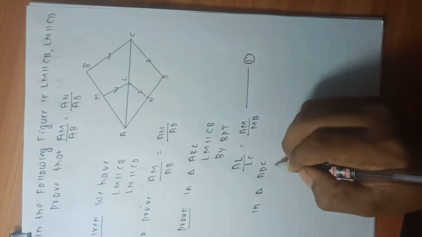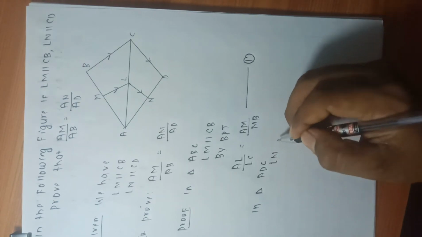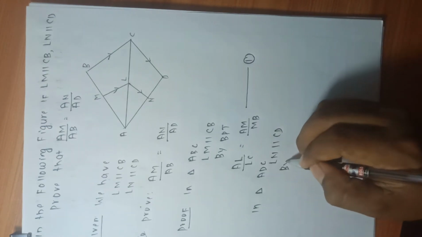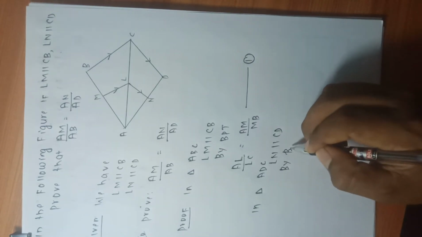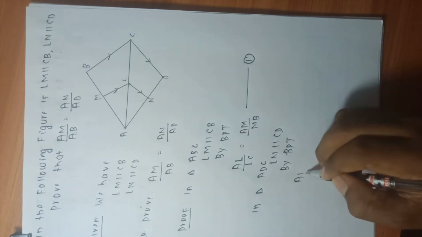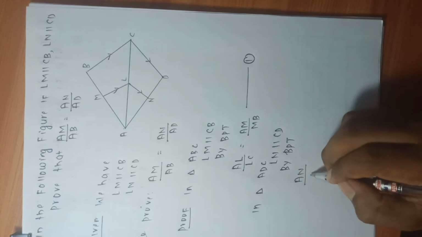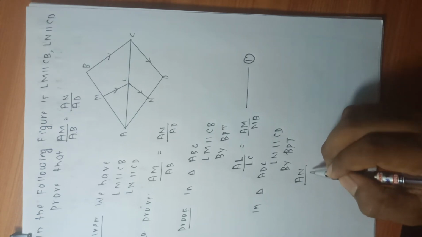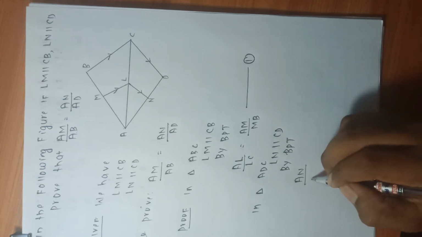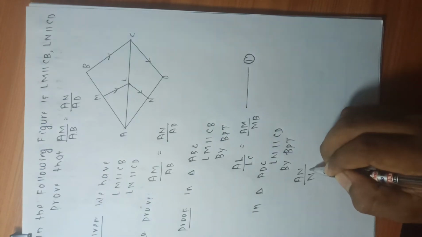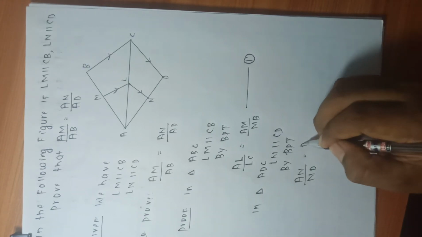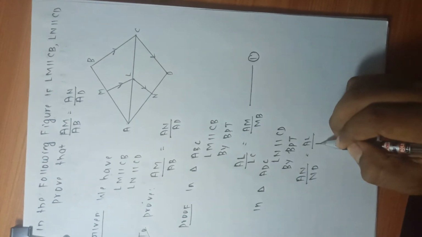Again we take triangle ADC. In ADC, LN is parallel to CD, so by BPT we can write AN by ND equals AL by LC.